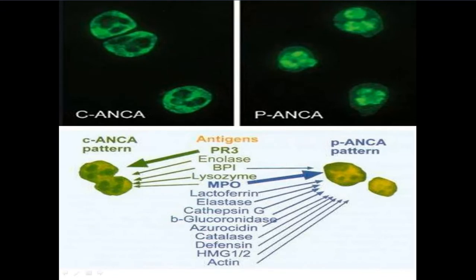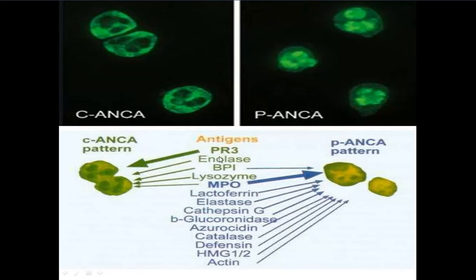So we have two, C-ANCA and P-ANCA. C-ANCA is cytoplasmic, and P-ANCA is perinuclear anti-neutrophilic cytoplasmic antibody. Their antibodies are produced against many targets, but the one you should remember is serum proteinase 3.